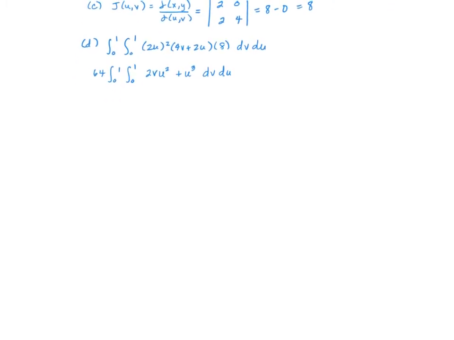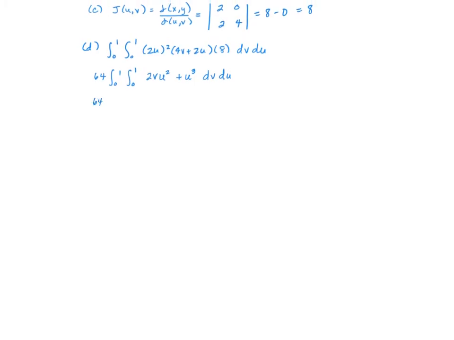If I integrate with respect to v first, it looks like it's going to be v squared over 2, so v squared u squared plus v u to the third, evaluating from 0 to 1. And that just gives me u squared plus u to the third.